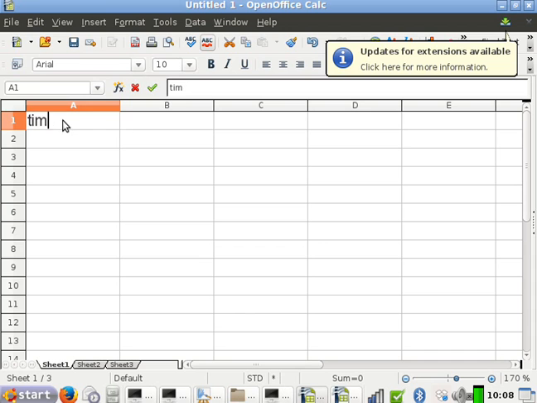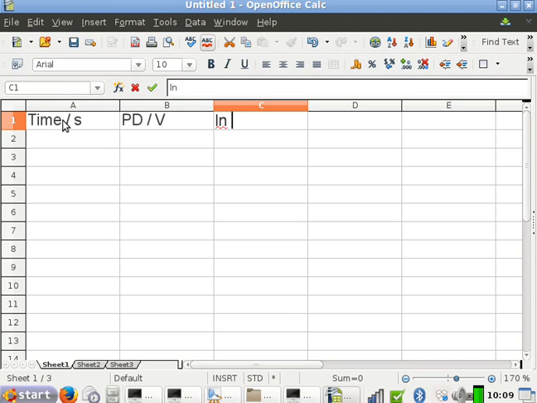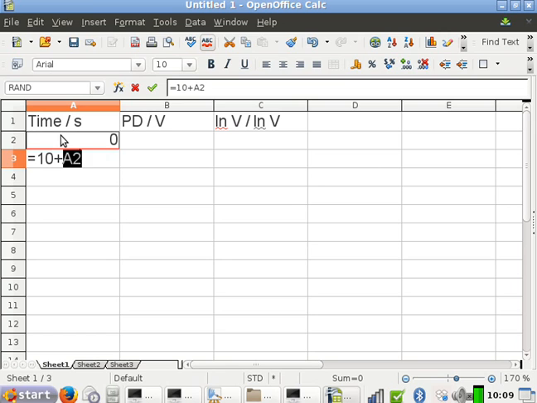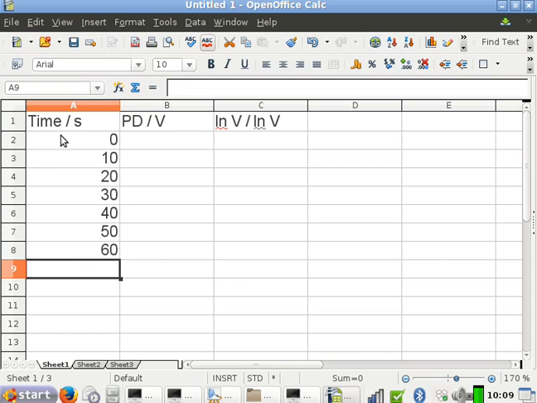I'll remake the table. Time in seconds, potential difference in volts, and then log volts. So the time goes 0, 10, 20, 30, 40, 50, 60, 70.